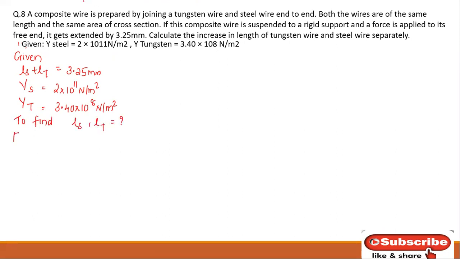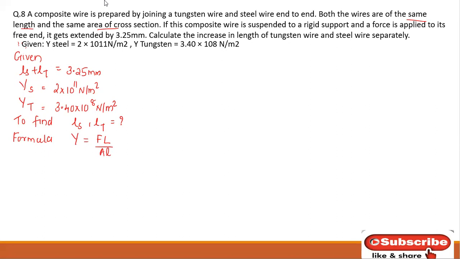We know that the formula for Young's modulus is Y is equal to FL upon AL. Here in the question it is given that both the wires are of same length and same area of cross section. So F, L and A are the same.